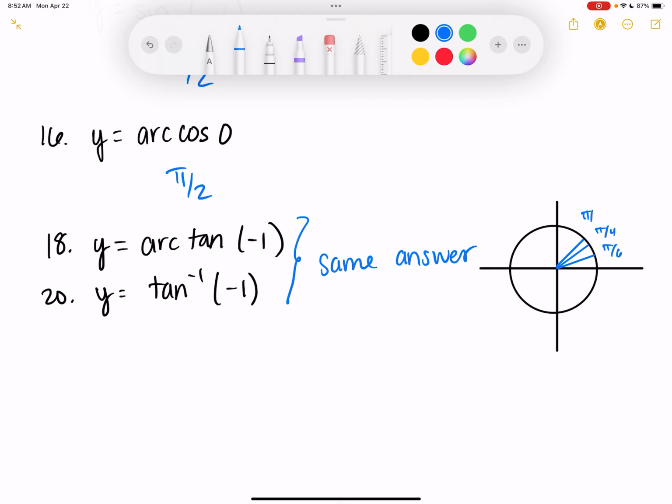So when I go down, I'm going to have -pi/6, -pi/4, and -pi/3. And then all the way down here is -pi/2, and this is pi/2 up here. So this is what would have been 7 pi/4. So the answer to this is going to be -pi/4.